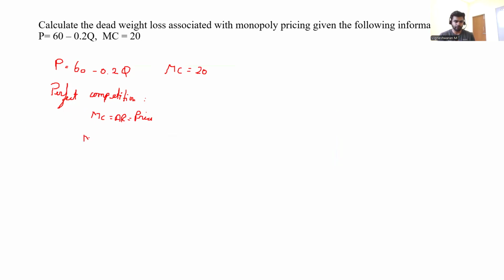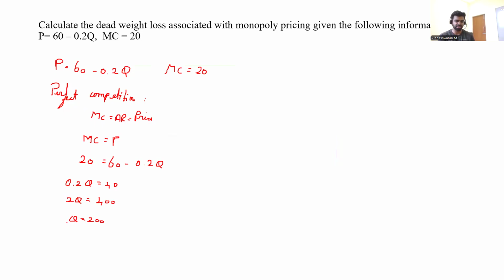So MC is equal to P. MC is 20, that is equal to 60 minus 0.2Q. So 0.2Q is equal to 40, 2Q is equal to 400, Q is equal to 200. So quantity is equal to 200.